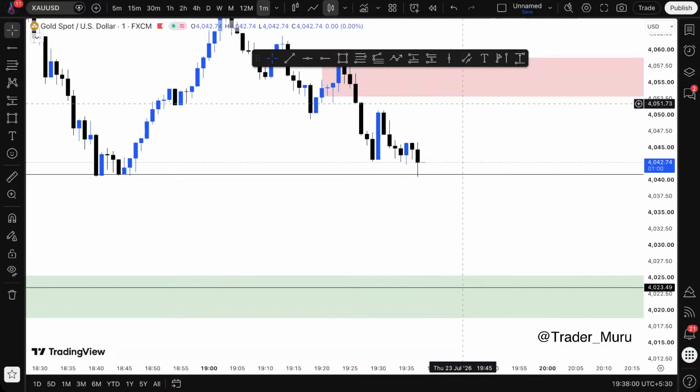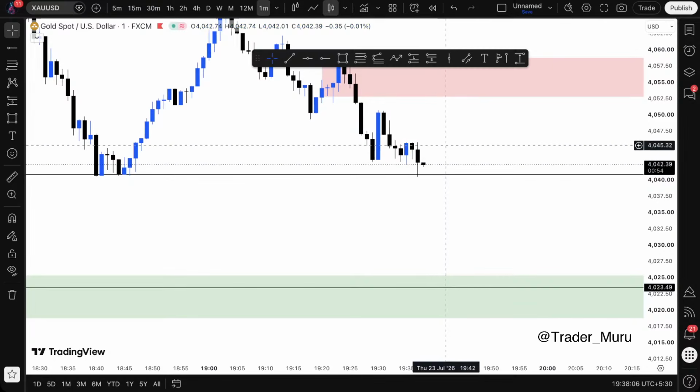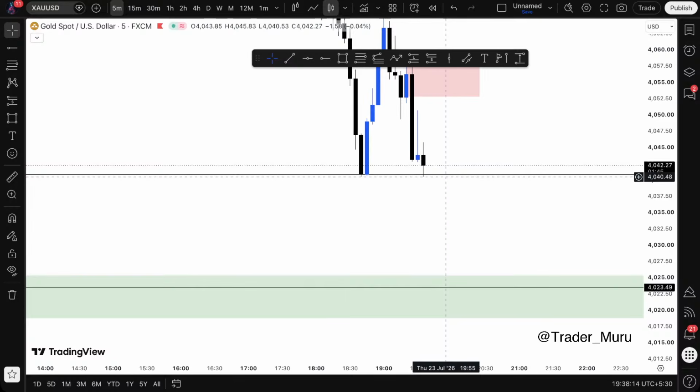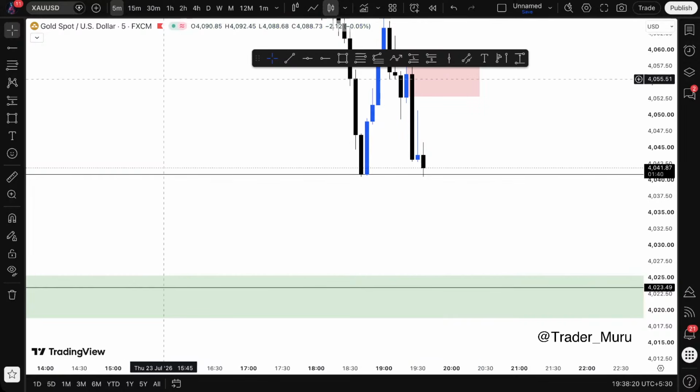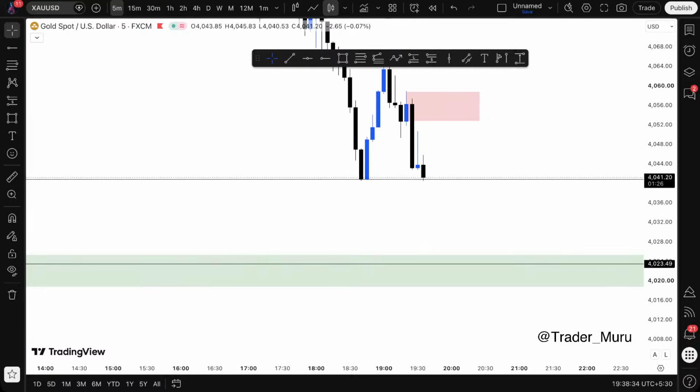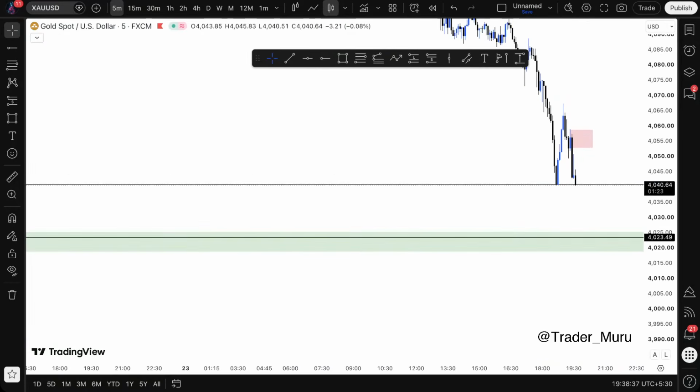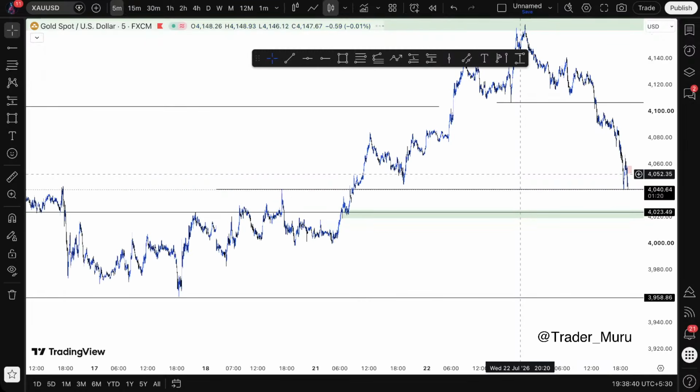Hope it gives us an entry, otherwise no. Again, if it breaks back below, it will drop from here itself. No entry. Drop gold, drop now.